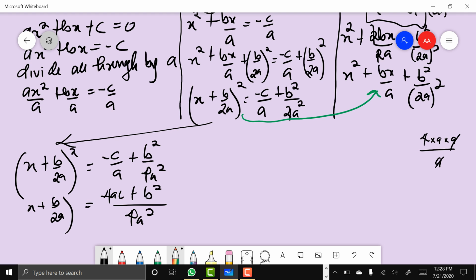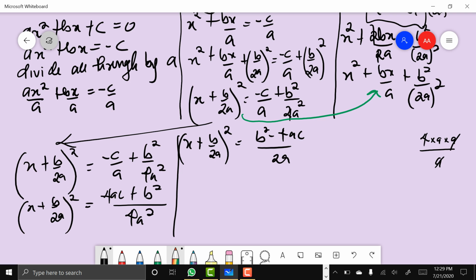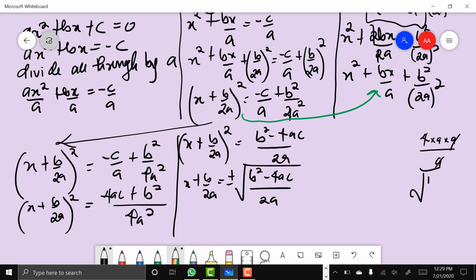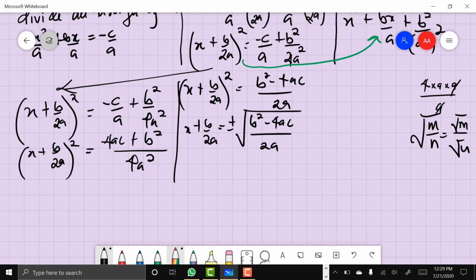This becomes x plus b over 2a all squared is the same thing as b squared minus 4ac over 4a squared. To take this square away, if you take the root of both sides, you have x plus b over 2a equals plus or minus the square root of b squared minus 4ac over 4a squared. One of the laws of surds states that the root of m over n is the same thing as root m over root n.